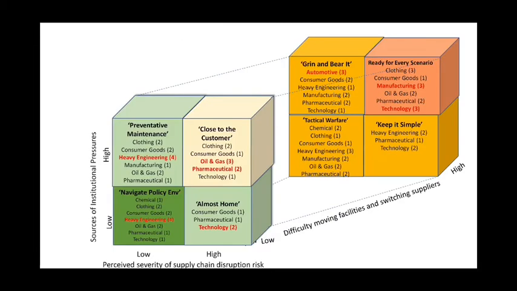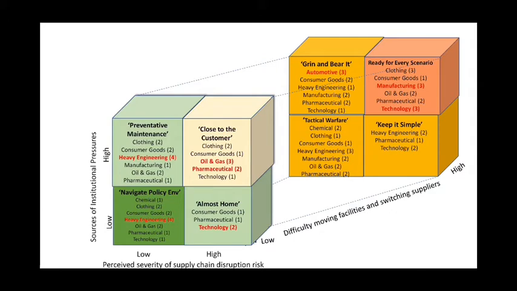So just skipping ahead here, what we then looked at is, how can these logics be clustered? And what we saw is that heavy engineering was very focused on navigating the policy environment. When they couldn't get the response from government that they wanted, they began to go into preventative maintenance. They tried to maintain market access as much as possible. Other industries, like I mentioned, pharmaceuticals, looked to nearshore production.